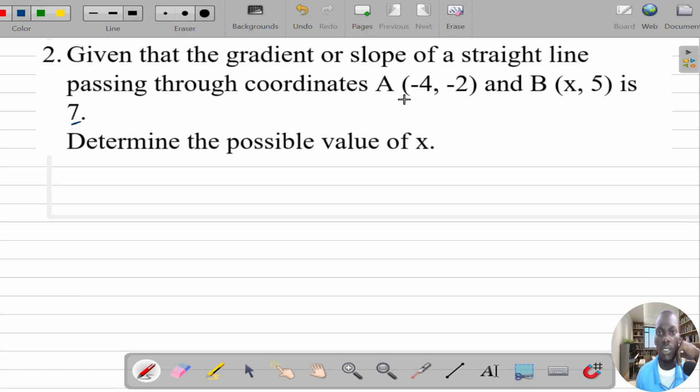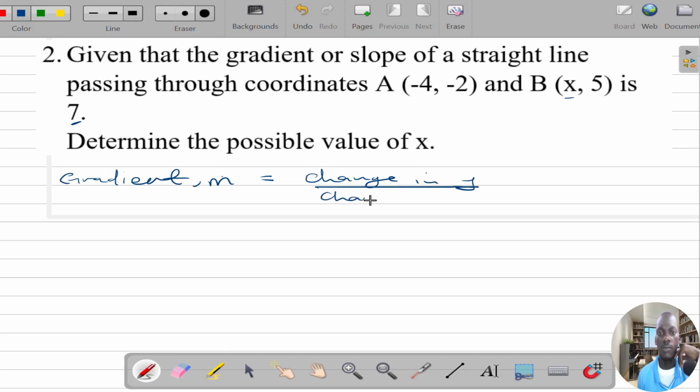Given these two points, point A at -4, -2, and B, which is at x, 5, they want us to find or determine the value of x. So we are going to do the way we've been doing it, saying that the gradient m is equal to the change in y value divided by the change in x value.